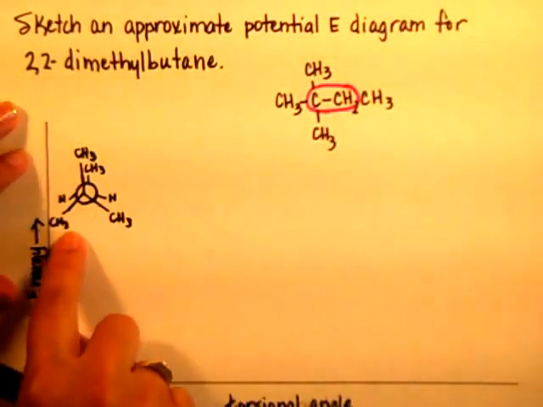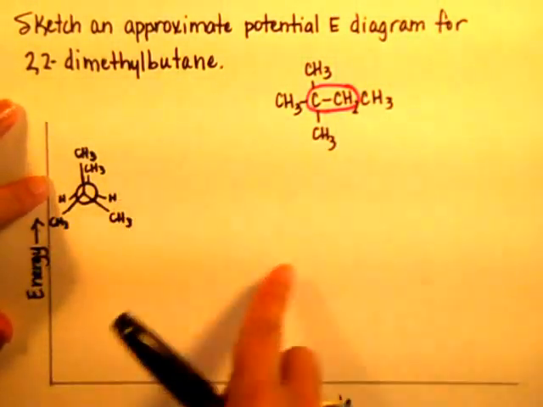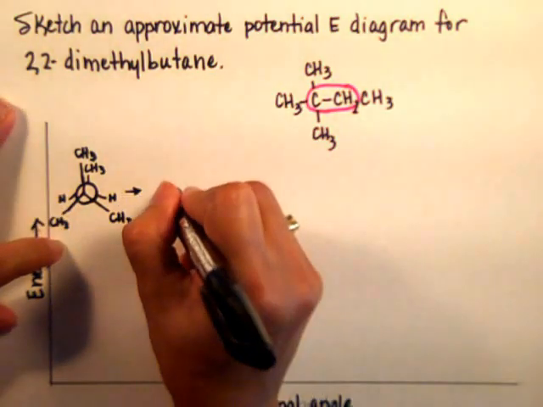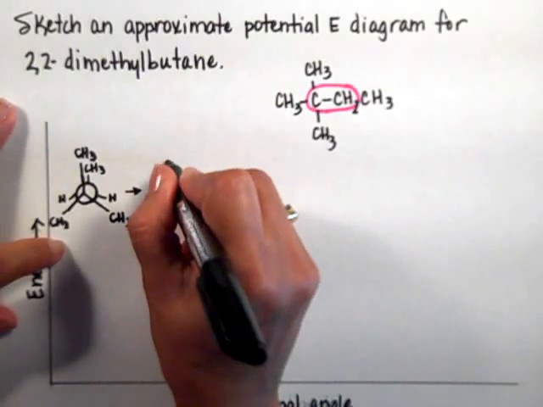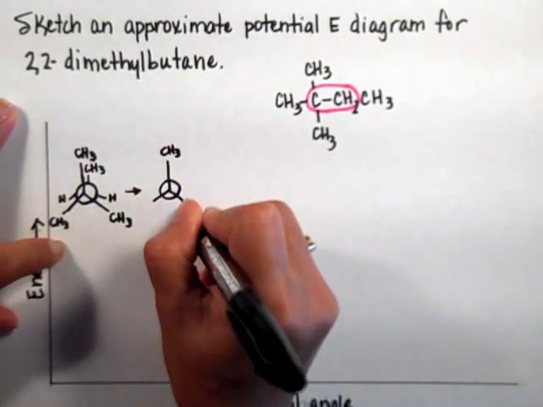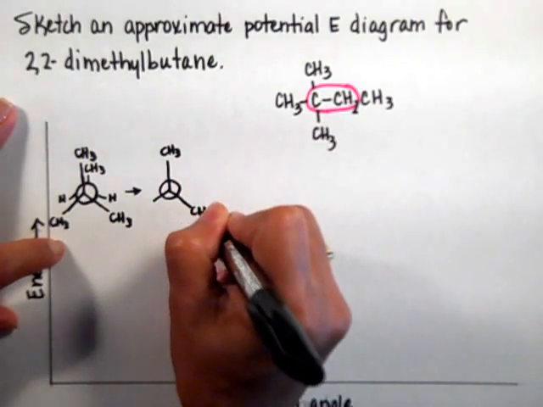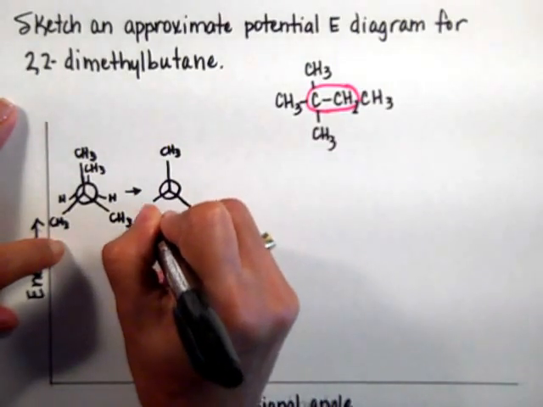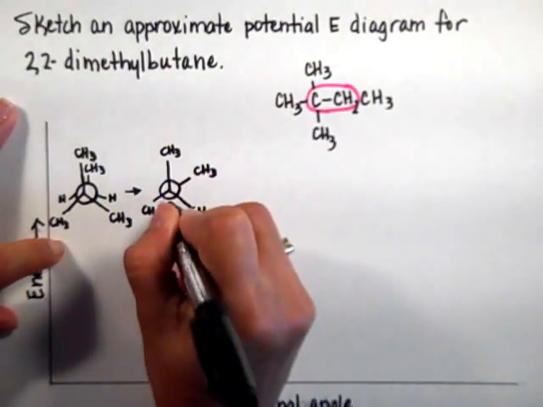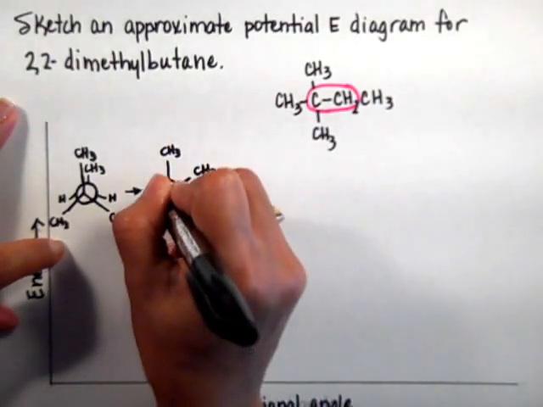Now I'm going to start from this eclipsed conformation and rotate 60 degrees at a time. Starting from this eclipsed one, I get to a staggered conformation in which the methyl in the back is going to be right here on the right. The rest of them are going to be hydrogens.